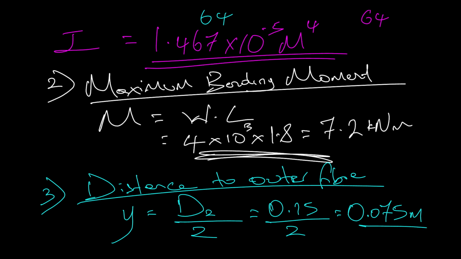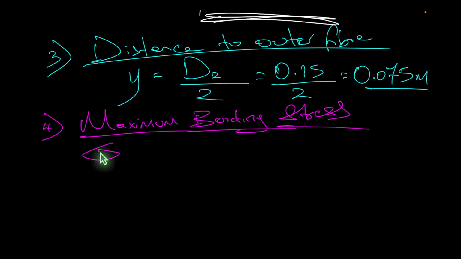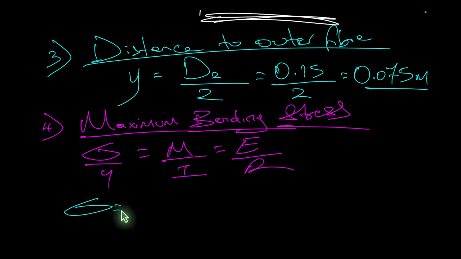So our next step is to find the maximum bending stress. This was the formula that we started off with, and we're going to rearrange it using what we have to find the maximum bending stress.